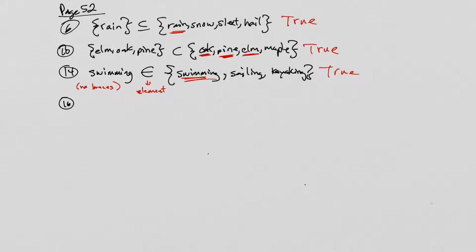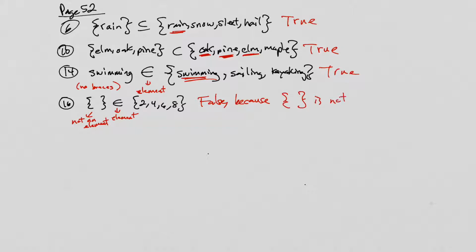Number 16. The empty set is an element of 2, 4, 6, and 8. Notice that the elements of this set are numbers. They're not sets. So this is referring to elements, and the empty set is not an element here. So this is false.